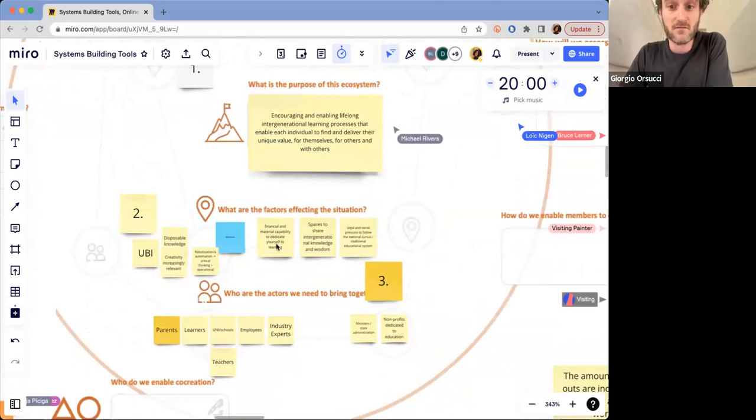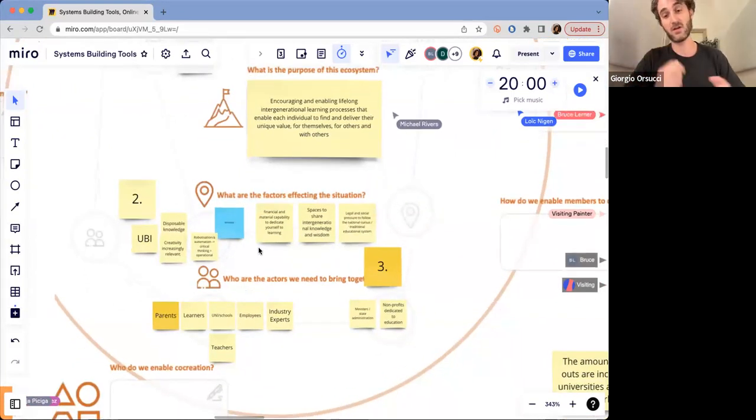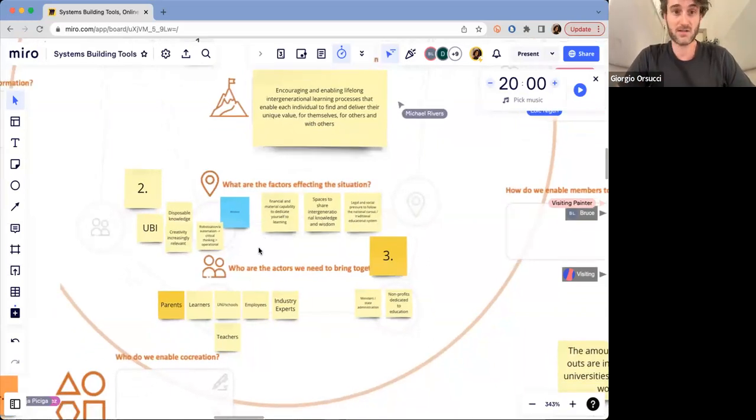There is a component of the spaces of innovation, so the geographical where innovation happens, and a matter of freedom in education, because at the moment education is very rigid and legally constrained by governmental plans and programs, and so is there a possibility to bring more freedom?